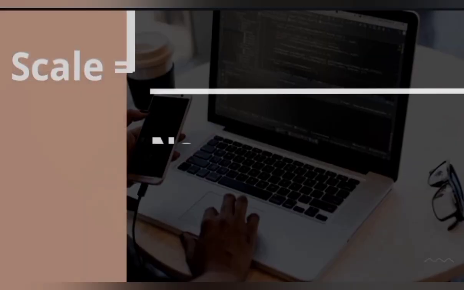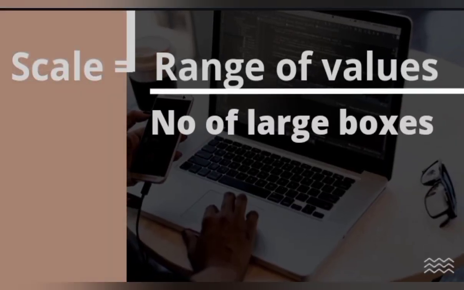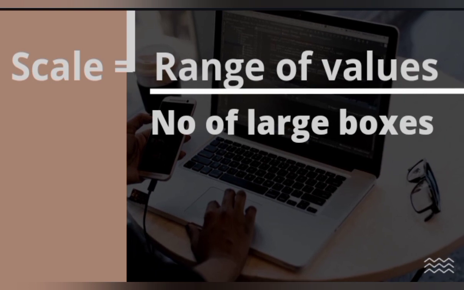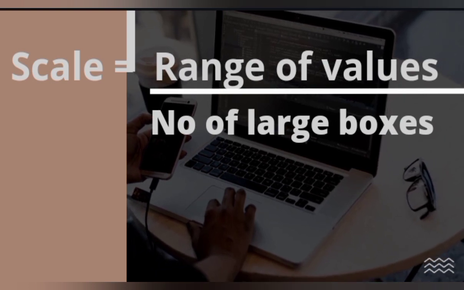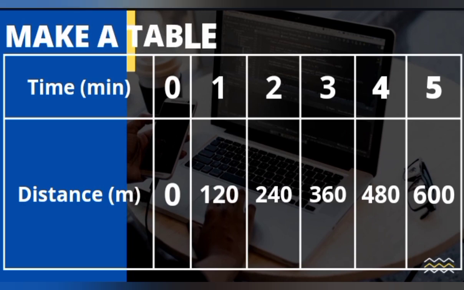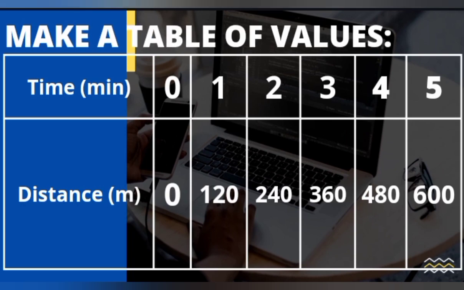And the next thing for us to do will be to look at the y-axis. The same thing, you are going to use a scale. I'm going to calculate the scale using the formula: scale is equal to range of values over number of large boxes. If you look at this table of values, remember that the range is the largest number minus the smallest number.